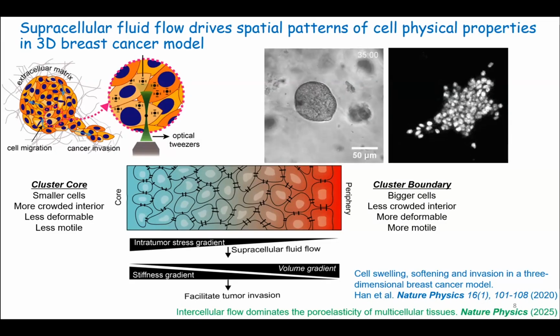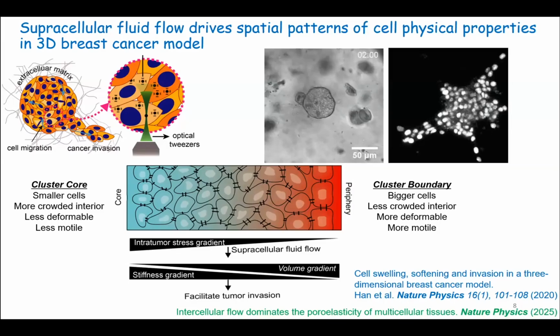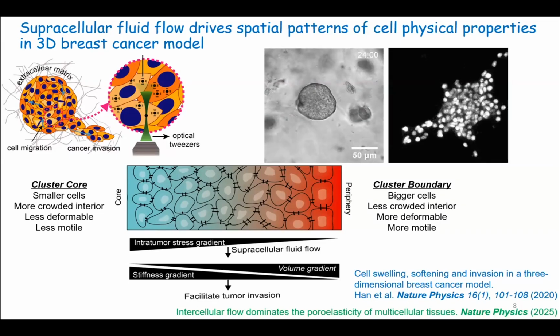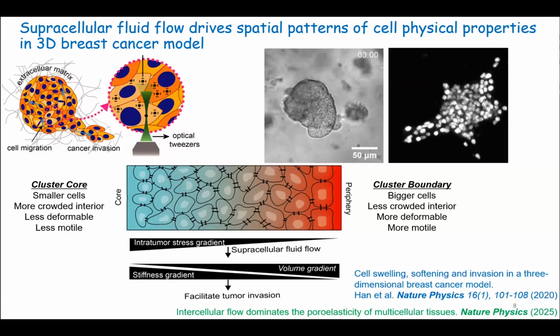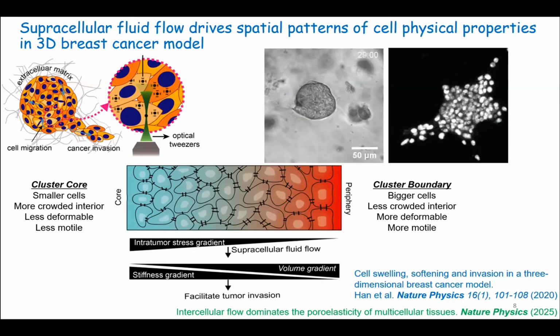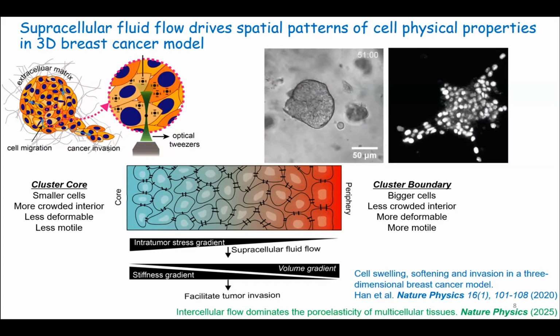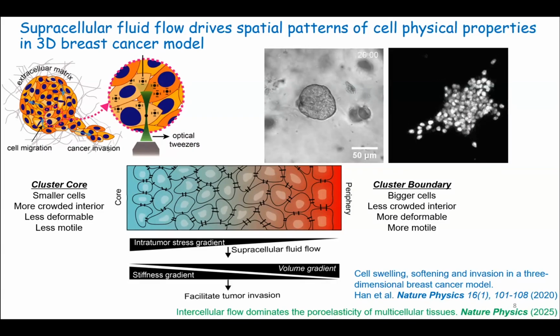And through a series of different perturbation experiments, we show this is the result of a supracellular fluid transport. The pressure in the core of the tumor is higher, and therefore it compresses the water with ions to flow from the core to the boundary, swelling cells on the outside, therefore diluting the material and making them softer.